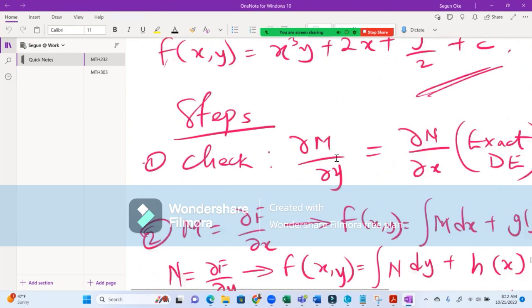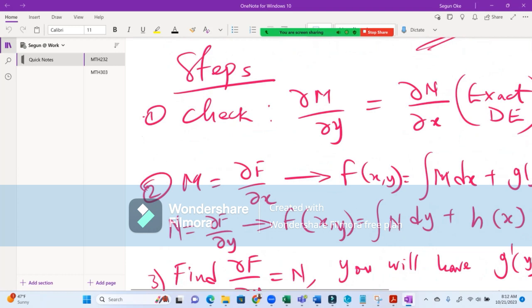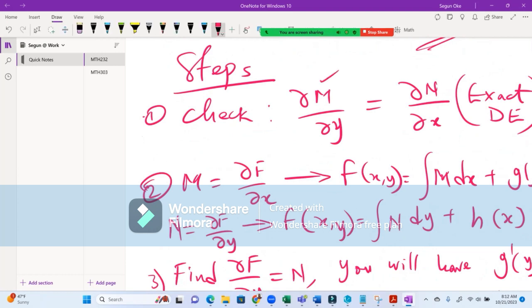How do I know? My dM/dy equals dN/dx. If I can establish this, it simply means it's an exact differential equation.